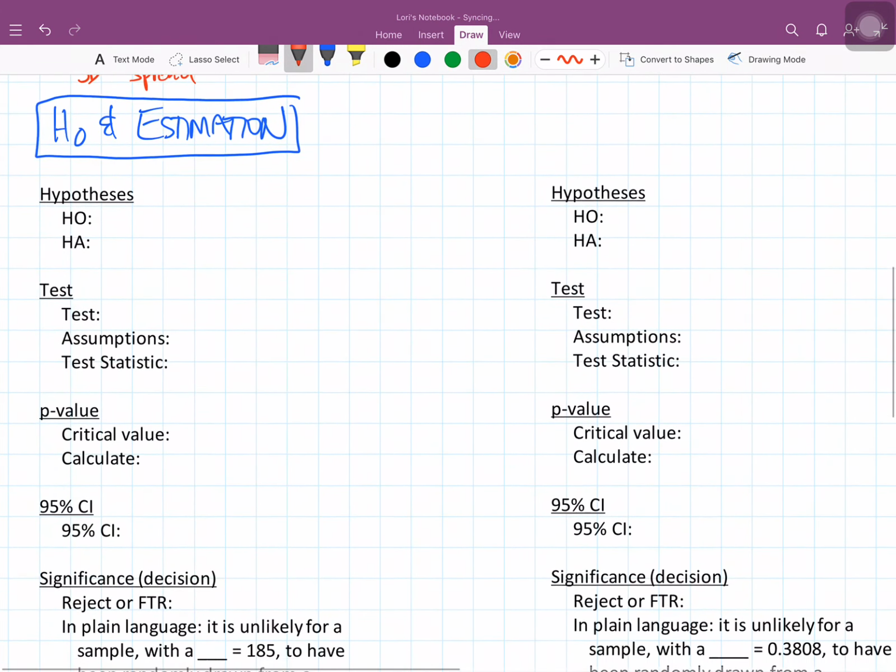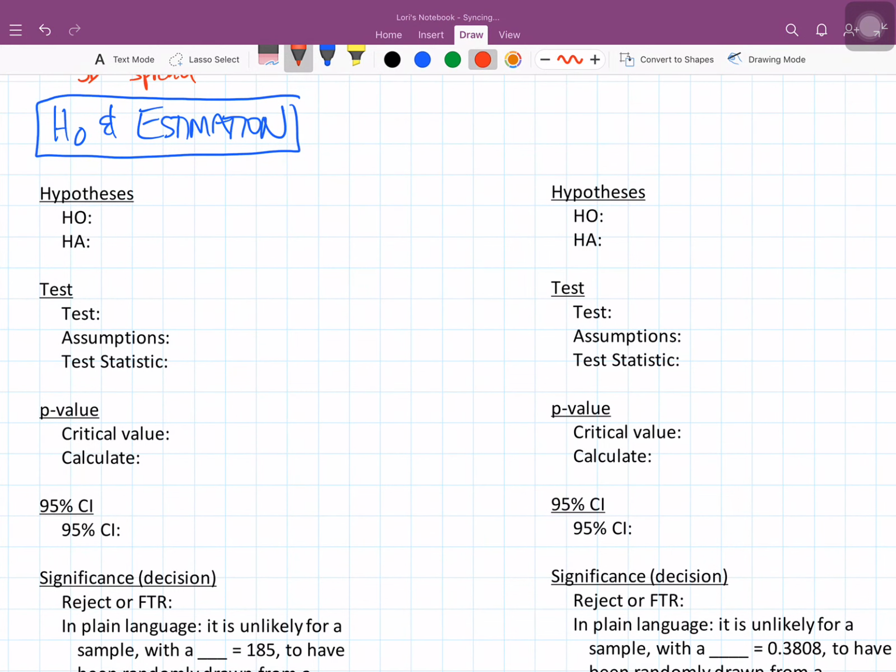I'm going to go back to an example that we've had before because this doesn't need to be new. In terms of the null and alternate hypotheses, we looked at an example, I think in one of the previous chapters, where we were testing whether the average weight of individuals in a population was equal to 170 pounds.